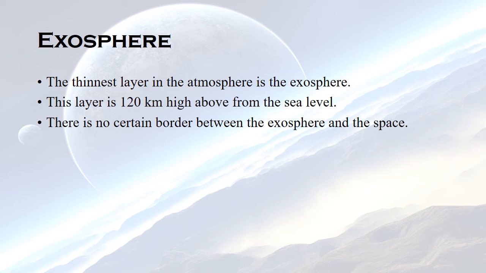There is no certain border between the exosphere and the space. However, other scientists do consider the exosphere part of our planet's atmosphere. Since the exosphere gradually fades into outer space, there is no clear upper boundary of this layer.